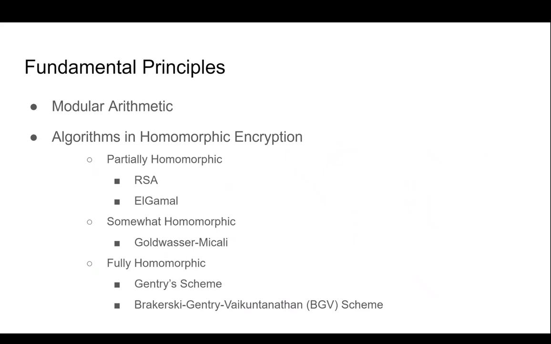This allows somewhat homomorphic encryption to be more flexible because it supports more complex computations, but is still limited in the depth of computations it can handle. Fully homomorphic encryption is the most versatile among the three, allowing both addition and multiplication operations to be carried out an unlimited number of times without degradation in security, meaning arbitrary computations can be performed on encrypted data.